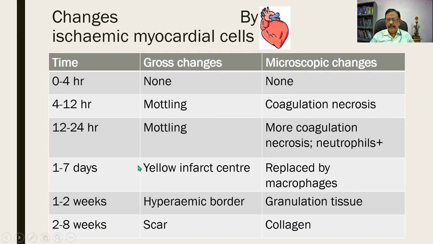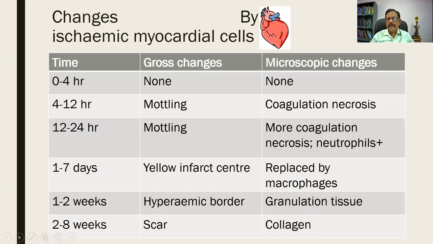Subsequently, you find that the area of infarct becomes softened and yellow. Coagulative necrosis is becoming more liquefied. And you find that the inflammation is replaced by macrophages. There is a hyperemia of the border. Hyperemia means congestion. In the weeks that follow, it is replaced by granulation tissue.